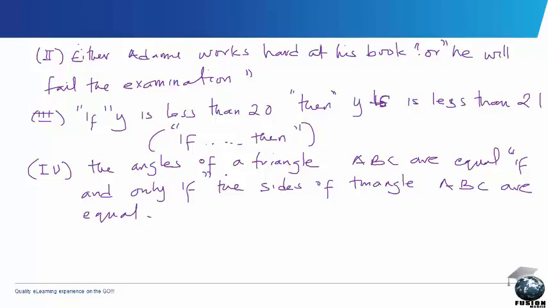So from the examples above, you find out that sentential connectives are used to join two sentences, to join two statements, so that they could have a wider range of understanding. We will make a distinctive differentiation between these sentential connectives.